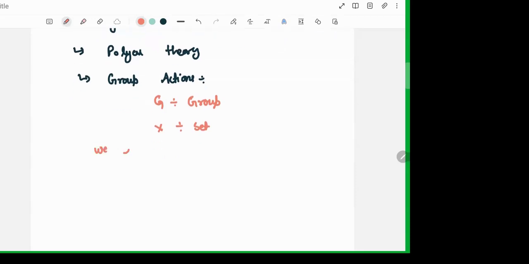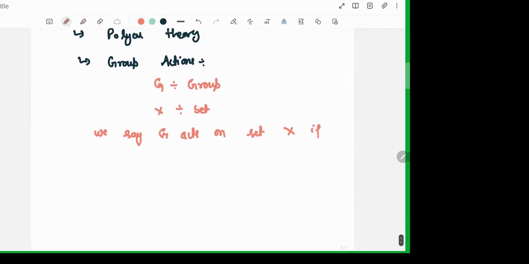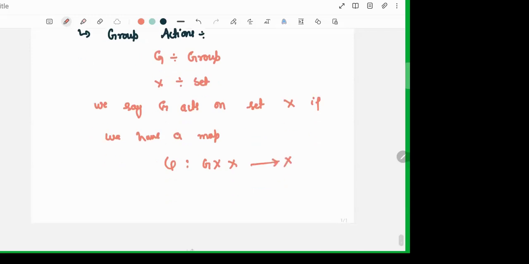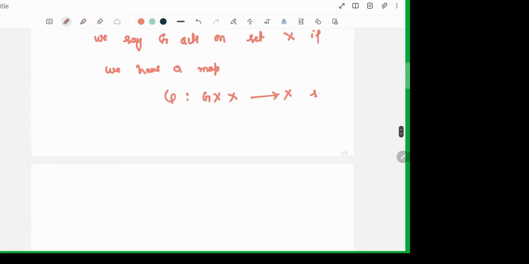We say G acts on the set X if we have a map phi mapping G cross X to X which satisfies the following conditions.